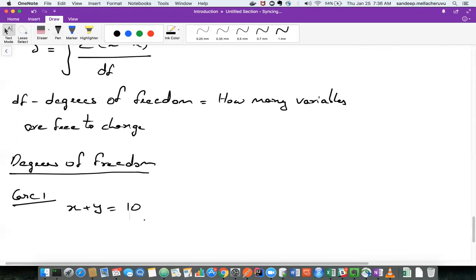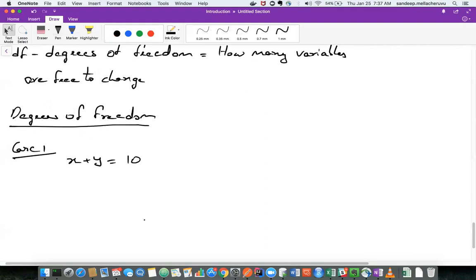Now Vidya, can you open up your mic? In this equation x plus y equal to 10, can you choose any number for x? Choose any number, whatever you like. Okay, I'll say 2. So you chose x equal to 2. Can you choose y now?